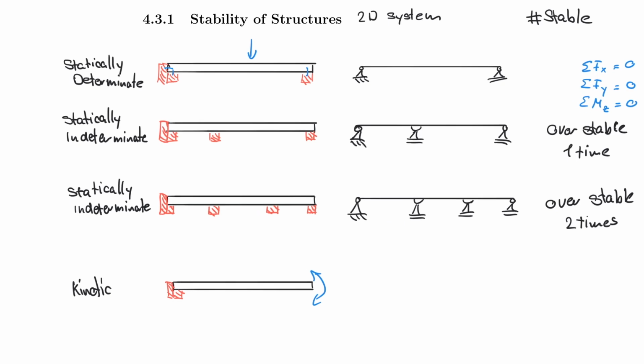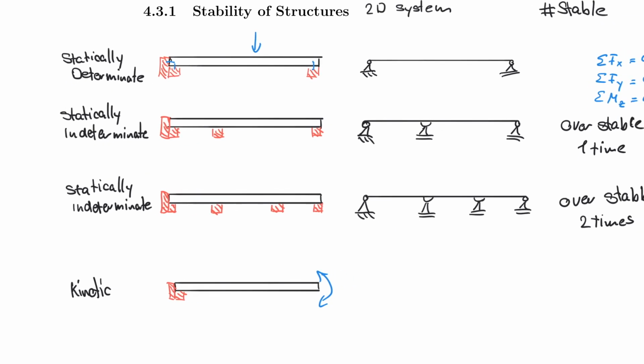An engineer would actually say, hey, this is statically indeterminate to the first degree or to the second degree. So the first system here is actually statically indeterminate to the first degree. And the second one here would be to the second degree.